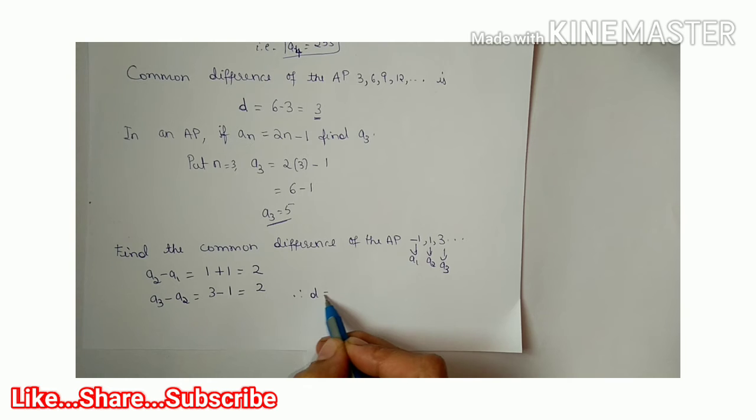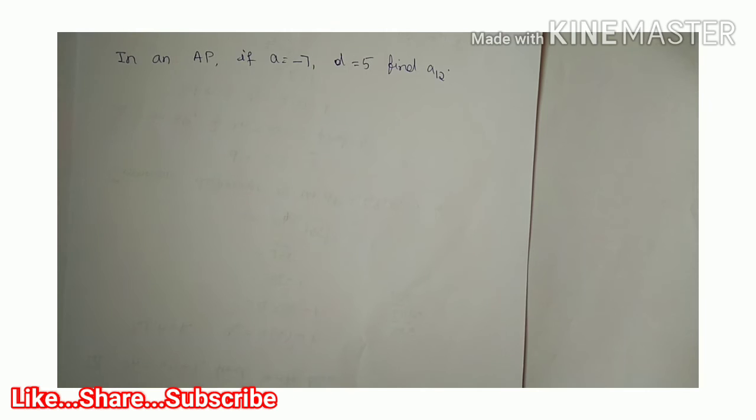Therefore d is 2. For example, in an AP, if a is equal to minus 7, the first term is minus 7, d is equal to 5. Common difference is 5. Find a12, the 12th term. We know the nth term of an AP is given by an is equal to a plus n minus 1 into d.